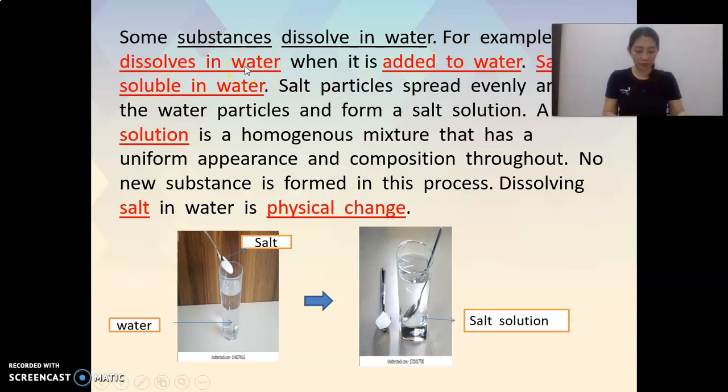So this is page number 35. So salt is dissolved.